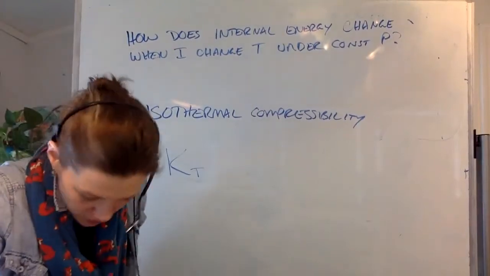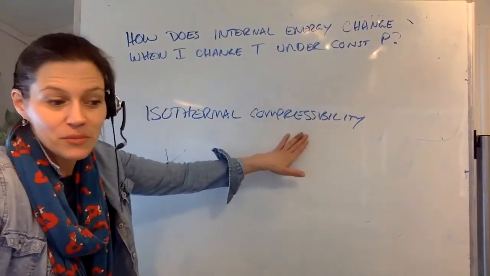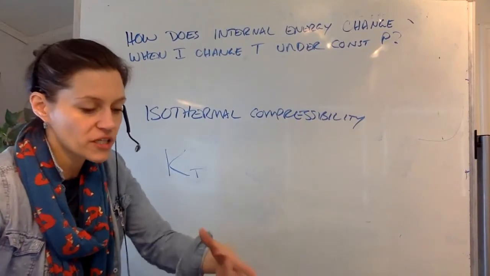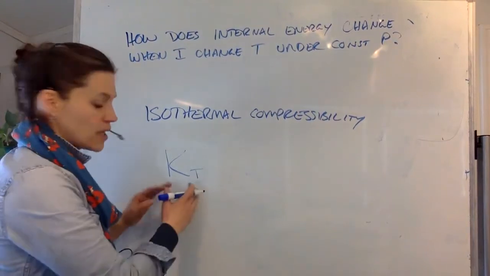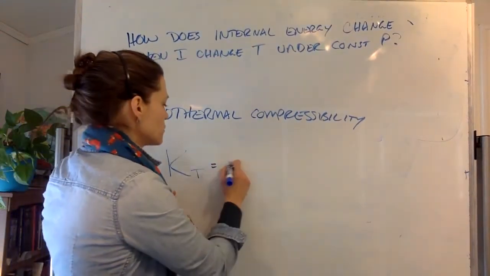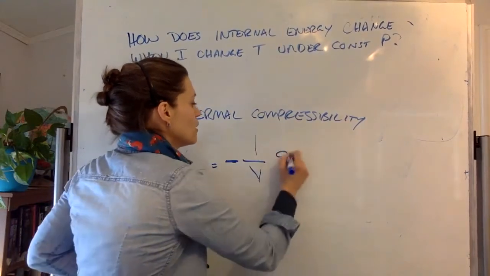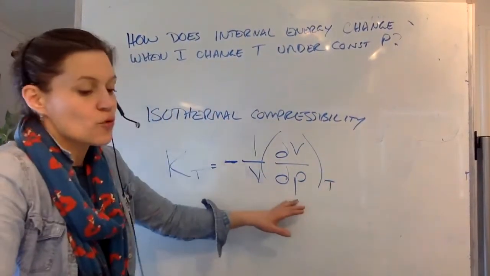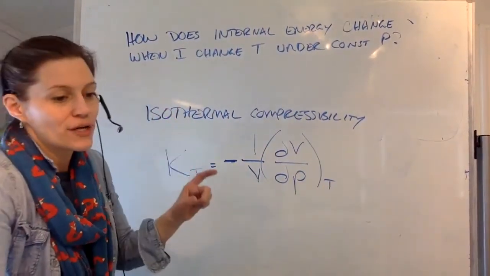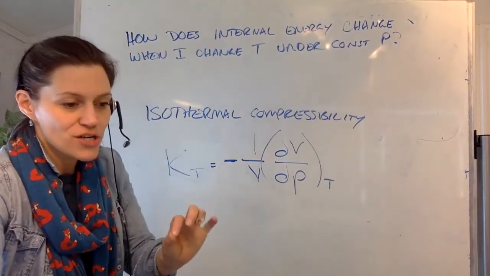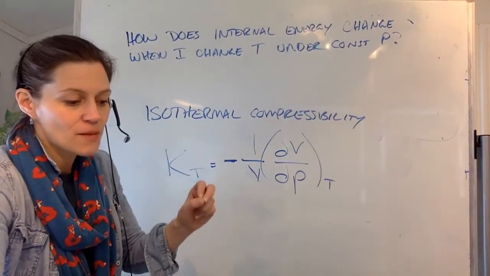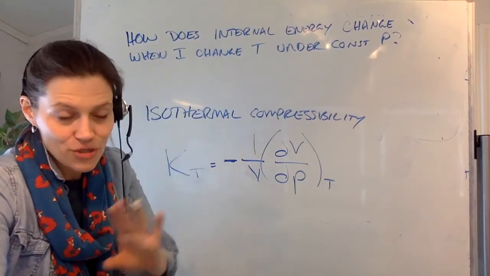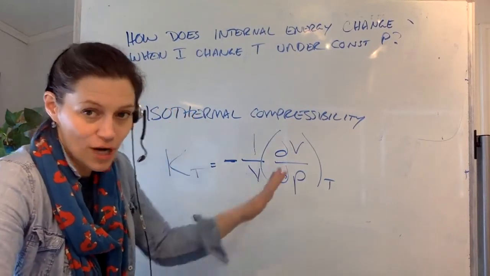Likewise, I have another coefficient called the isothermal compressibility. In the same way that I derived the thermal expansion coefficient, you can follow a similar path to get the isothermal compressibility, which is equal to a negative sign, 1 over V, partial V partial P at constant T. Whereas before I looked at how the internal energy changes under constant pressure if I change temperature, here I'm looking at how the internal energy changes at constant temperature if I change the pressure.